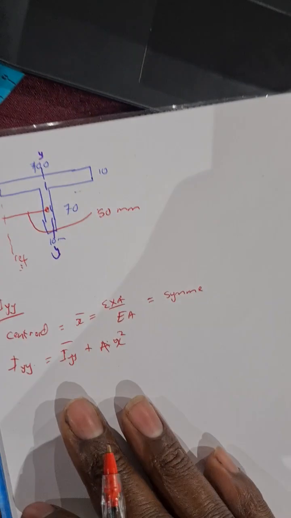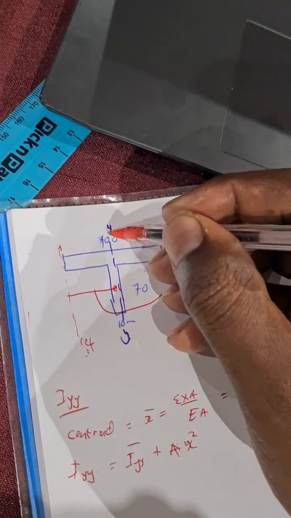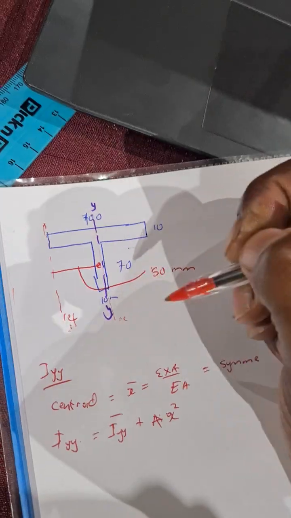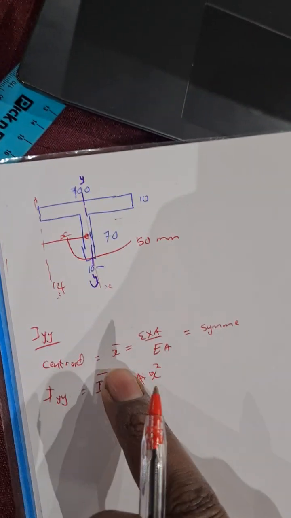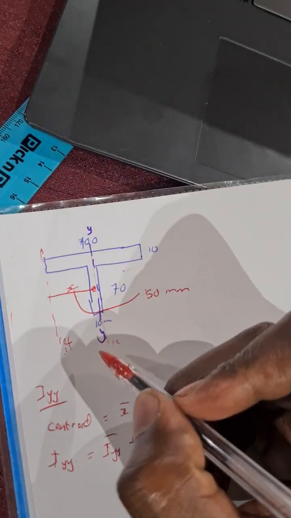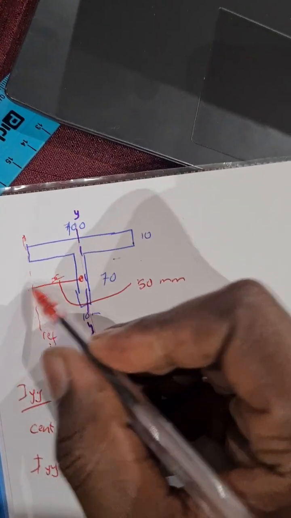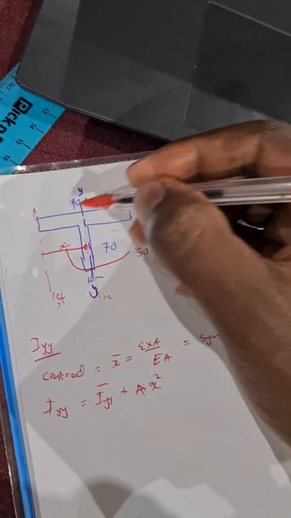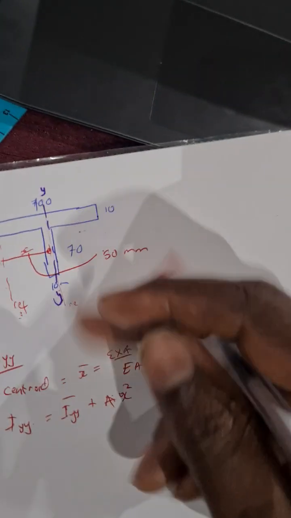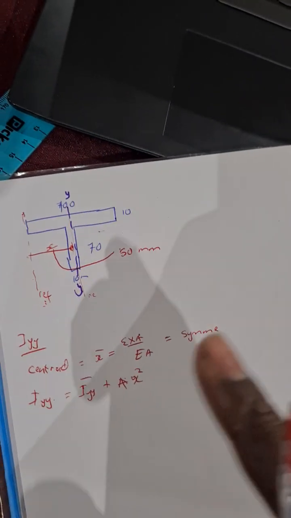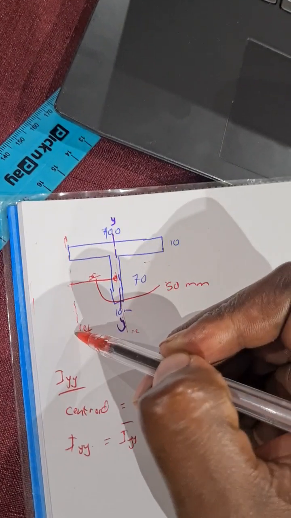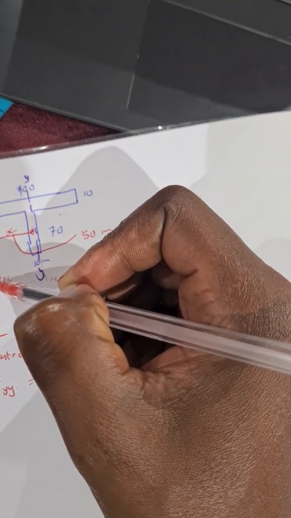millimeters. But if the reference was here, remember we are dealing with x now, it will be 0. You must take note of those. The reason why I take the reference here is I'm avoiding negatives.